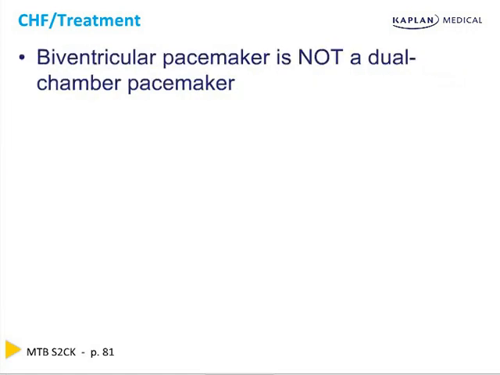Just remember, a biventricular pacemaker is not a dual chamber pacemaker. And like, what are you talking about? It says biventricular. Yeah, I understand how it can be confusing. See, the term dual chamber pacemaker means a pacemaker that's in the atrium, then the ventricle. And it goes in sequence, contracting first the atrium, then the ventricle.